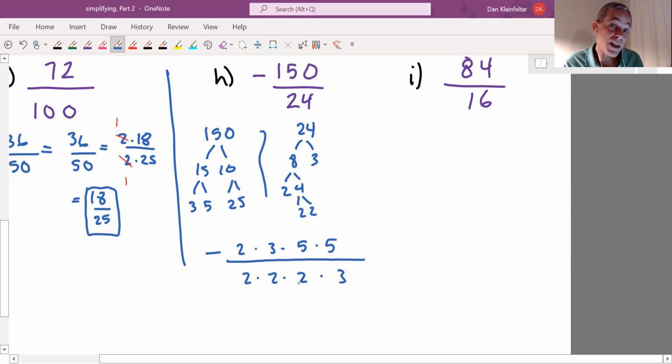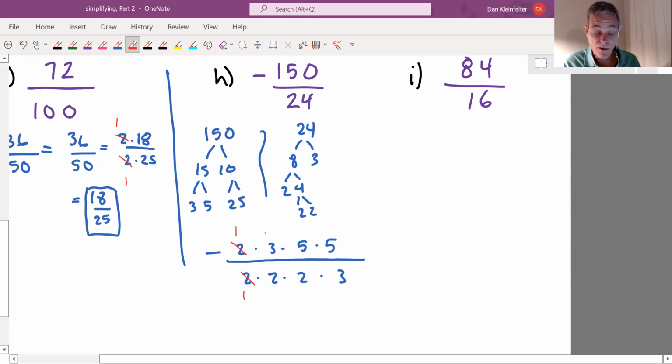Okay, and if you want to double check your factoring, remember that you can always multiply it back together. 2 times 3 is 6, times 5 is 30, times 5 is 150. And then 2 times 2 times 2 is 8, times 3 is 24. So it looks like my factorization is all right. Now to simplify, we'll divide out the common factor of 2. 2 divided by 2 is 1 in each case.